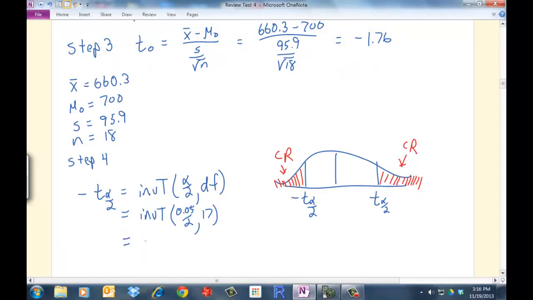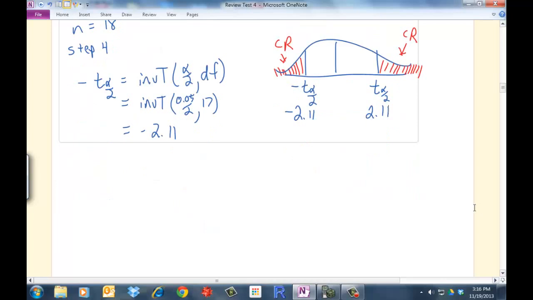So this one is minus 2.11, and then we've got the positive 2.11.